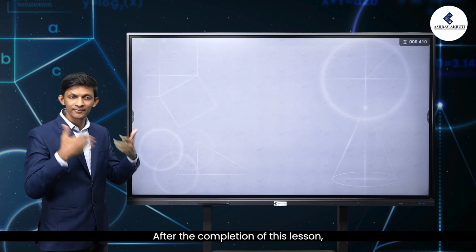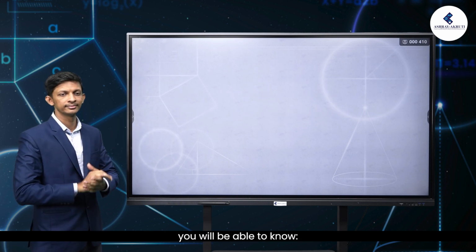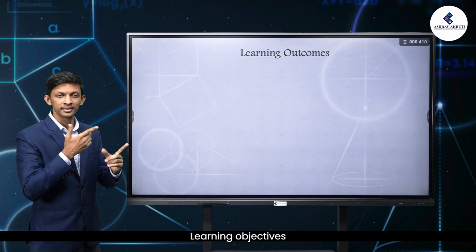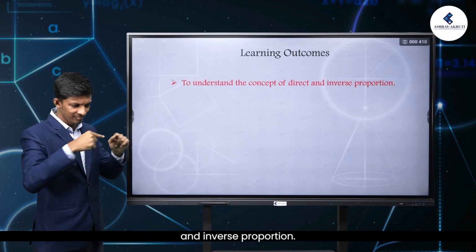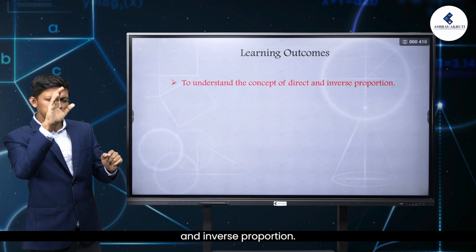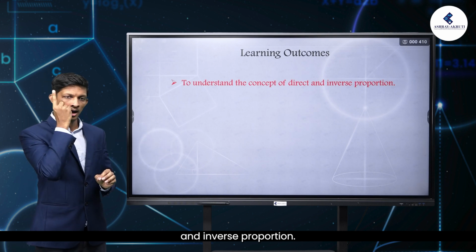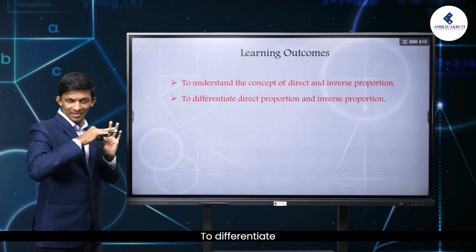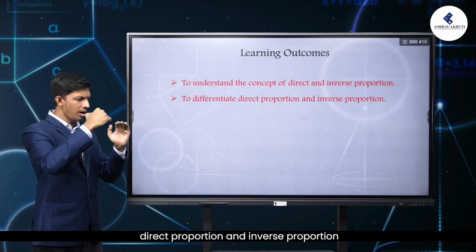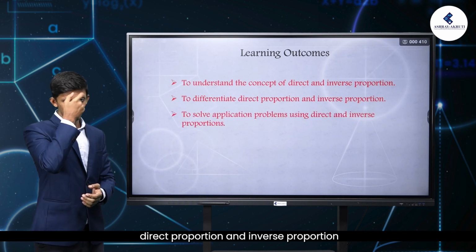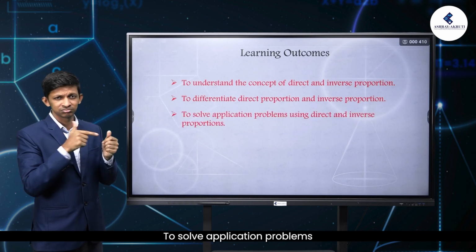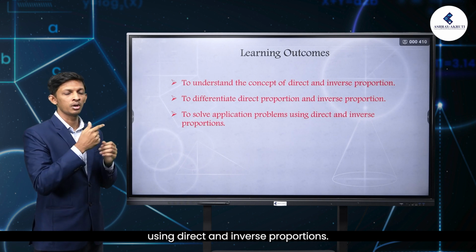After completion of this lesson, you will be able to know learning outcomes. To understand the concept of direct and inverse proportion. To differentiate direct proportion and inverse proportion. To solve application problems using direct and inverse proportions.